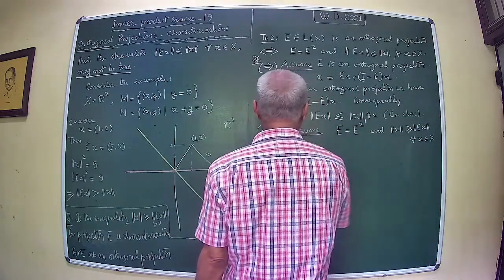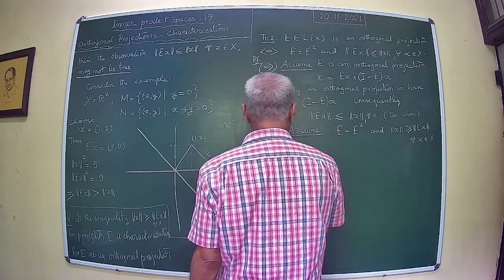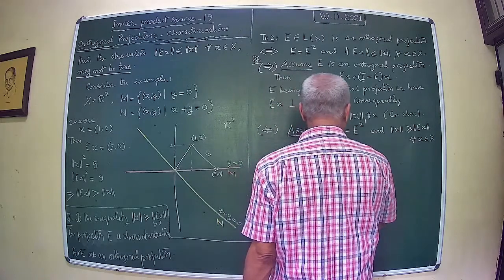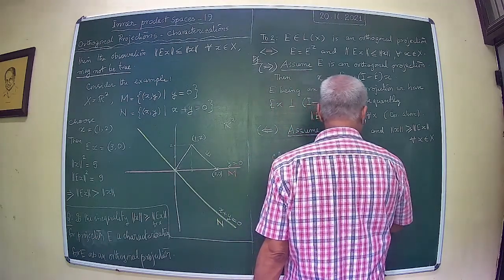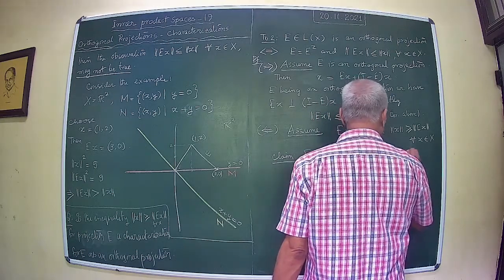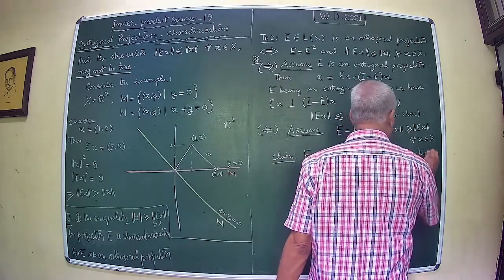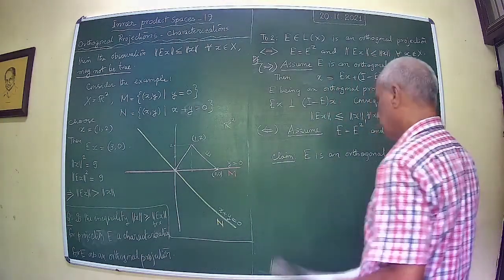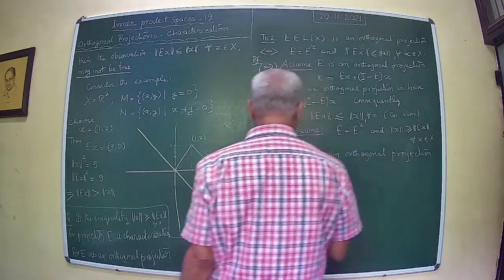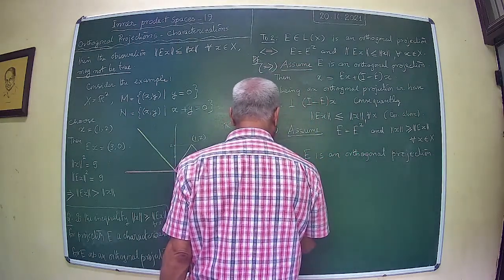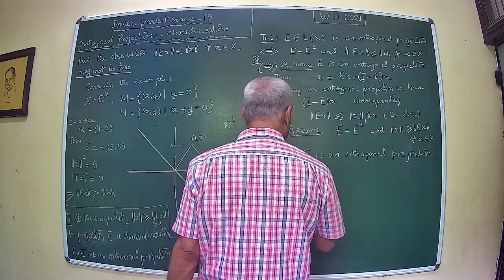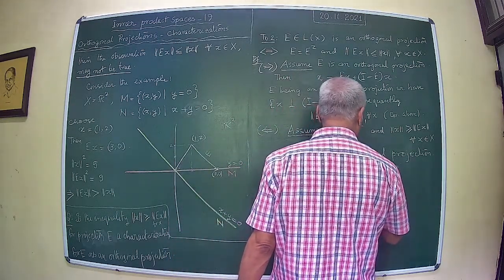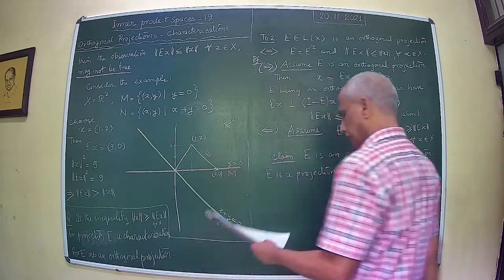Then what we claim is this: E is an orthogonal projection. So what do we do? First of all, E is a projection, since E equals E square.